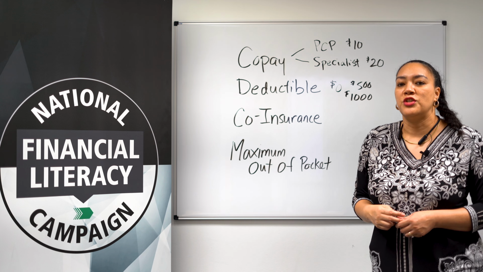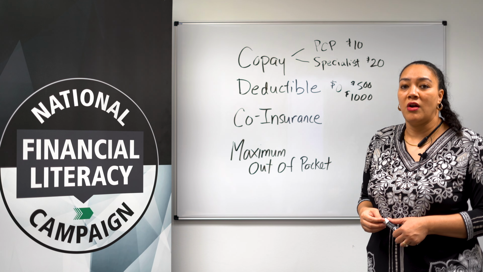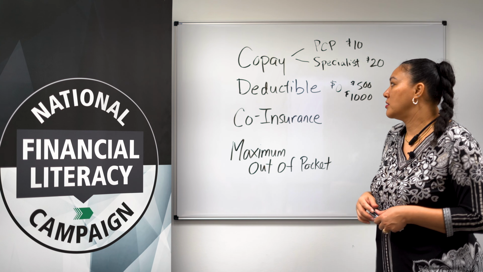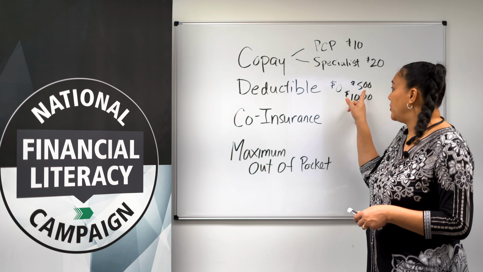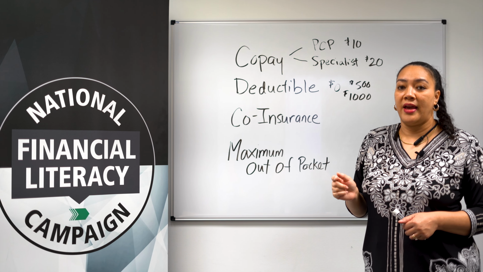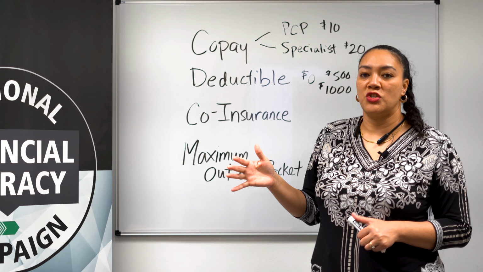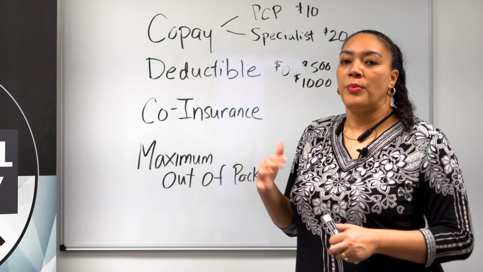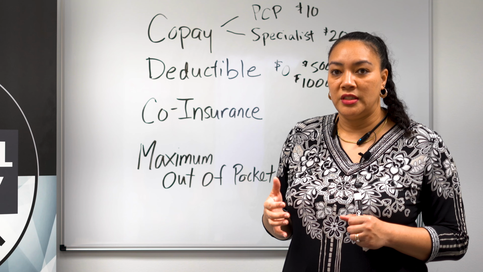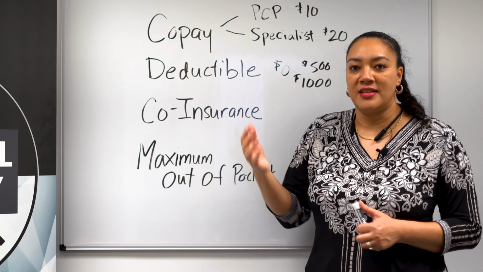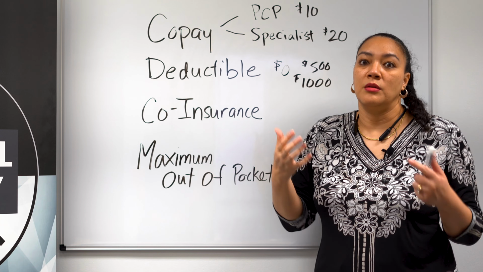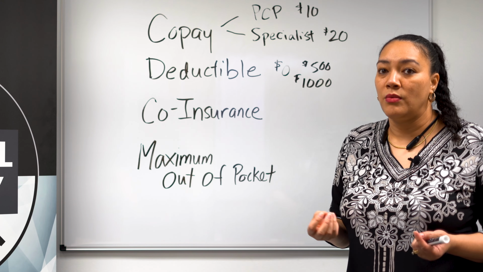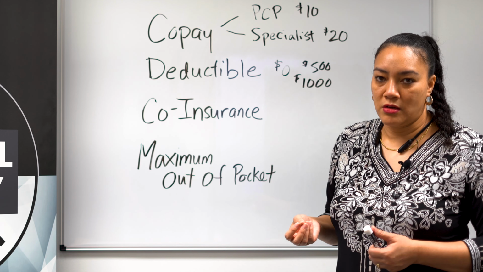So for example, let's say you do an MRI, and the MRI is $500, and you have a $500 deductible. Then that means that you're going to pay the first $500 worth of medical bills. So you pay the first $500 worth of medical bills, and then the insurance kicks in after that. So the lower the deductible, usually the more desirable the plan is going to be when it comes to how it's going to pay for your medical bills.